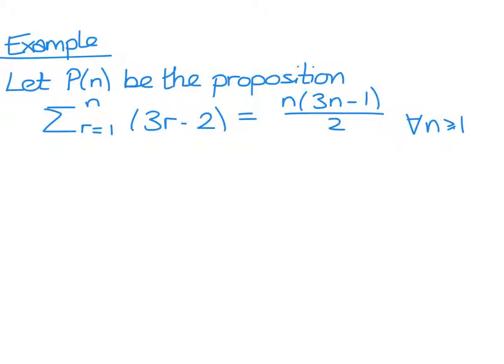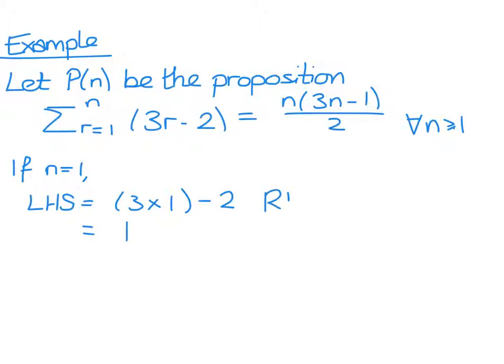So let's first look at our base case. Let's consider if n was to equal 1. Then let's look at the left hand side. Here we get that 3 times 1, because n is just 1, minus 2, which is 1. Now let's look at the right hand side.